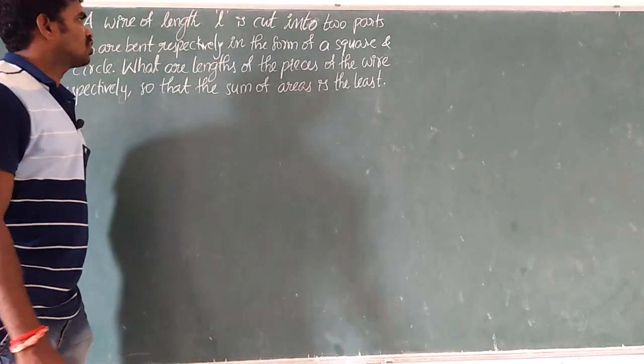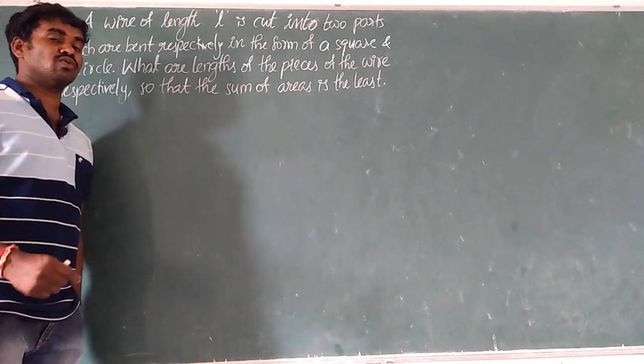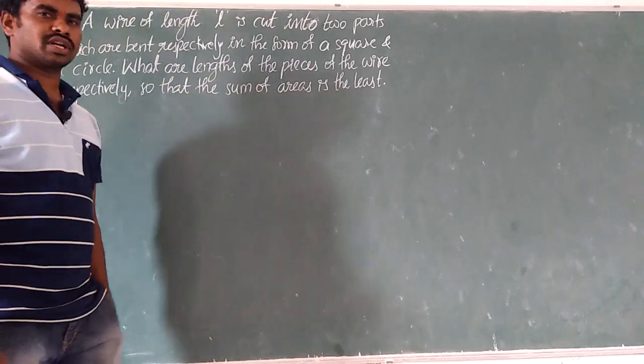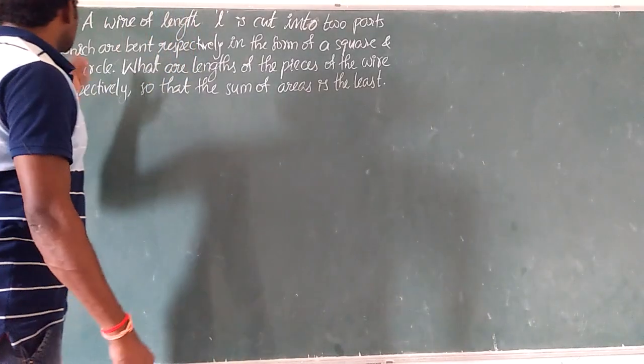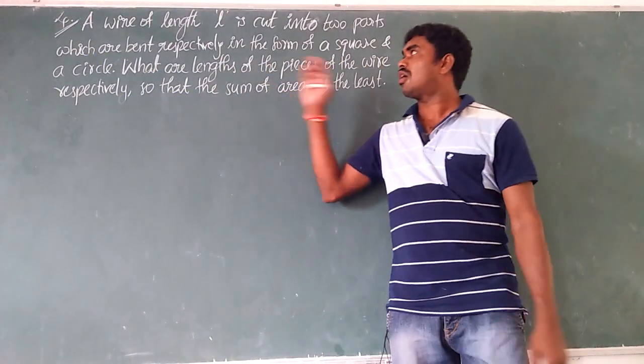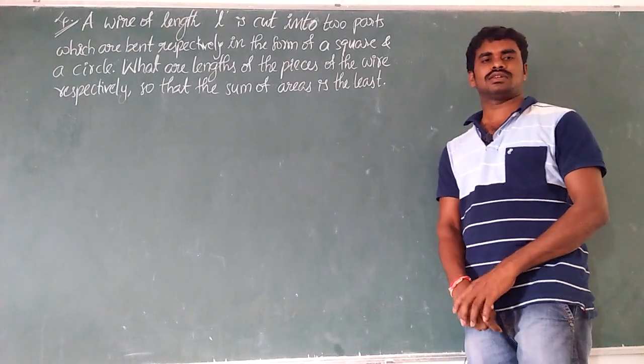Taking the question. These are important long questions. The first one is the most important, and then 4, 5, 6 are also important. Fourth question: a wire of length L is cut into 2 parts.